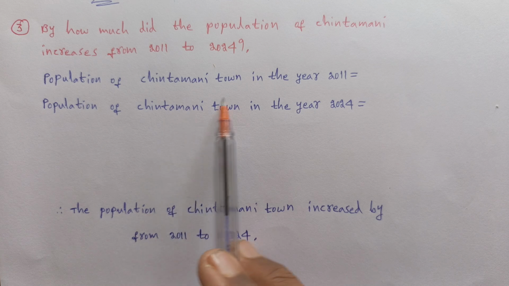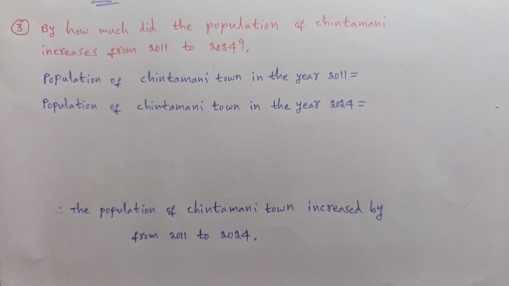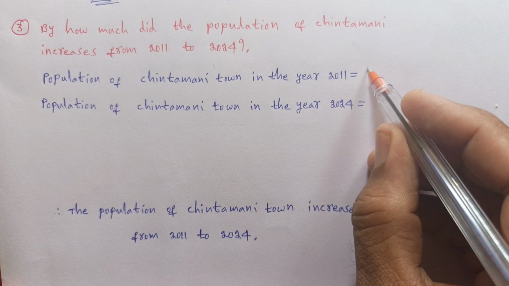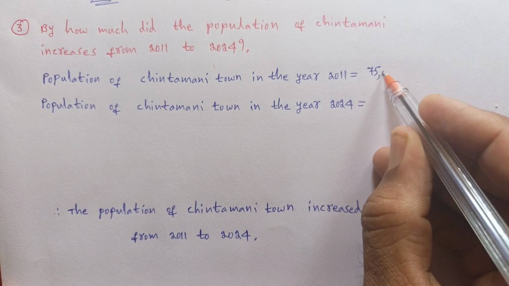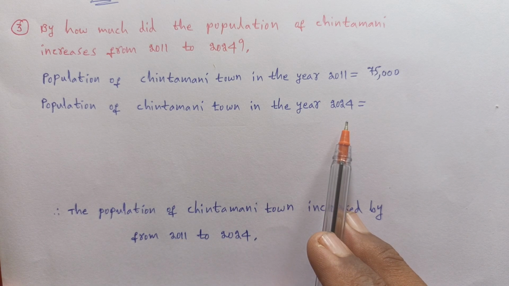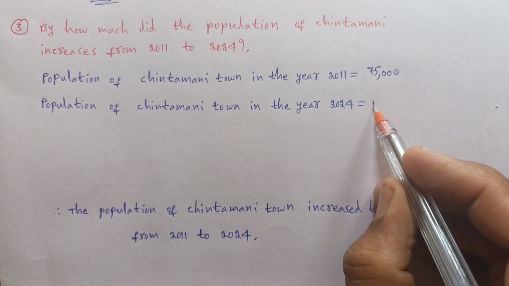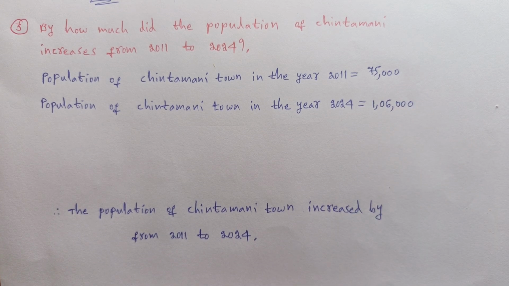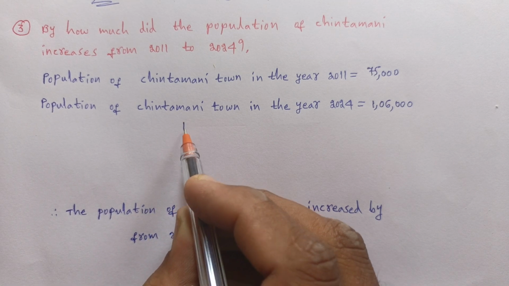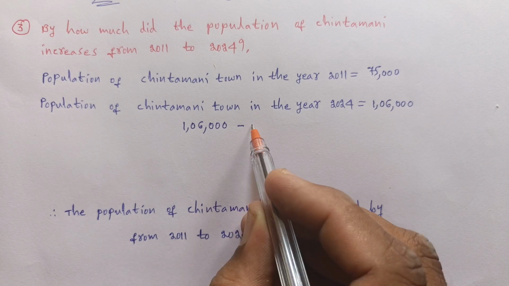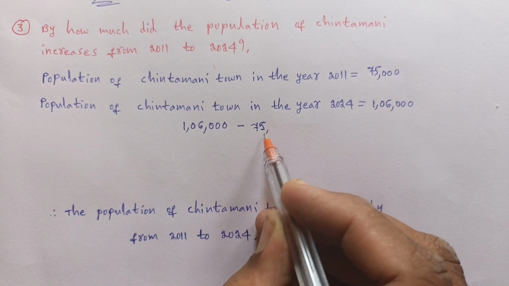So here the population of Chintamani town in the year 2011 is 75,000 only, and the population of Chintamani town in the year 2024 is 1 lakh 6,000. So here we have to subtract 75,000 from 1 lakh 6,000 to find the difference or gap.